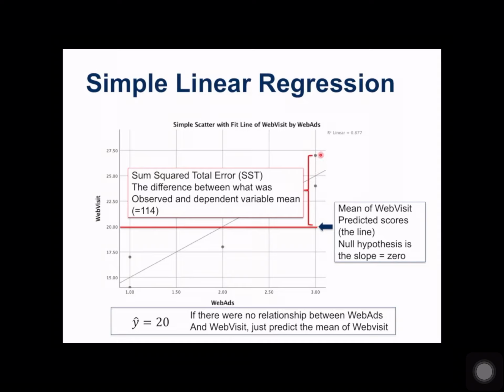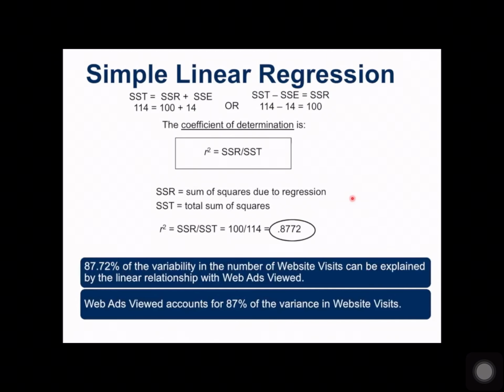You're going to see this all come together. So really, we're trying to improve upon this value, the mean, being just predicted for everyone. And that's what the regression line has done, as I've already shared. This is the best fit line that minimizes those distances, and hopefully it's done it at a statistically significant level, which usually would be a p-value of less than 0.05. In this case, we're far better than that.